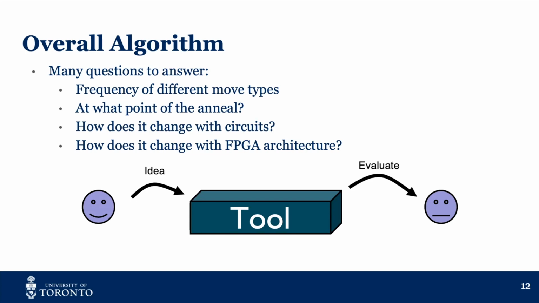Usually the results aren't very promising. So we keep tuning our algorithm and our parameters over and over until we come up with a set of parameters, an algorithm, that actually works well for the average case. So we test on a bunch of benchmarks, and then we try to enhance the average results.